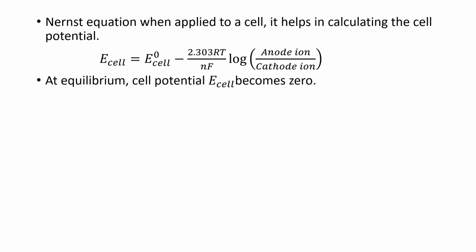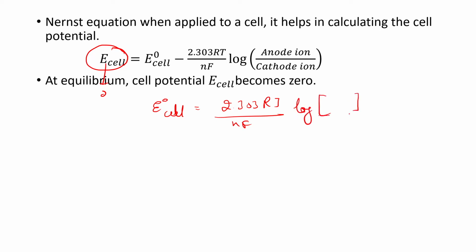At equilibrium, the E cell becomes 0, and the equation becomes E naught cell is equal to 2.303 RT by nF log of this concentration ratio. Okay.